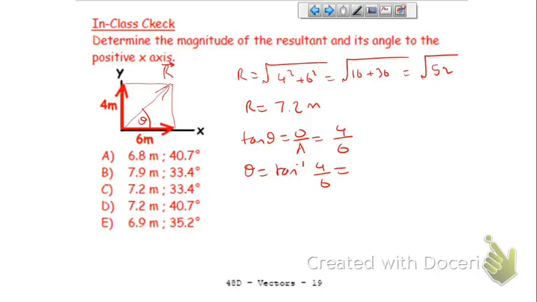And I'm going to get 33.69 degrees. Whoa, I'm a little bit out. I got 33.4, but that's a bad read. That's the answer, that guy.